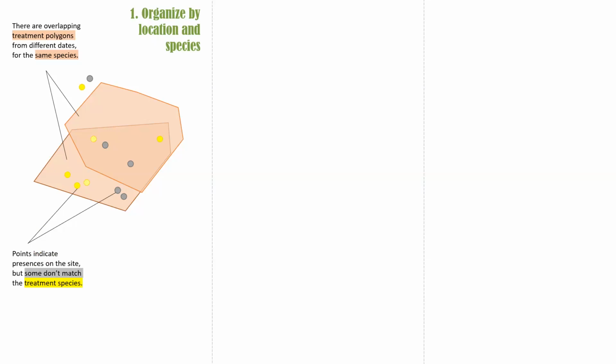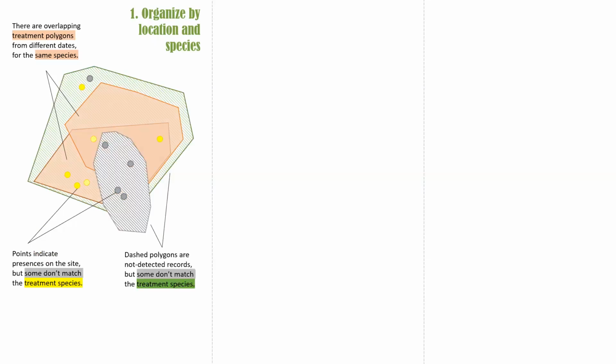We're just trying to look at one species at a time. And then we also have some non-detected records, often overlapping. We want to keep the ones that intersect and also match the species that we're trying to look at. So again, only keep the records that match the treatment species and then intersect our site area.